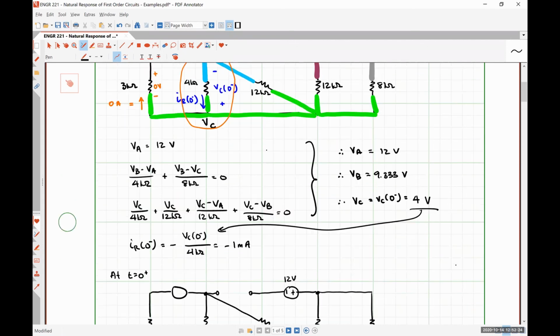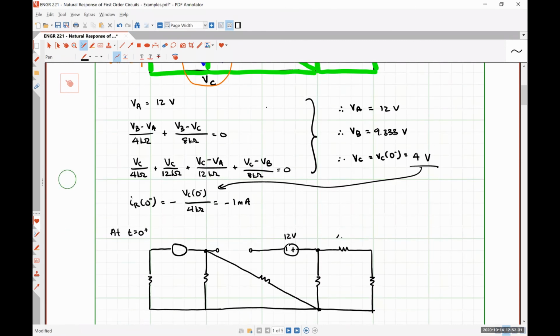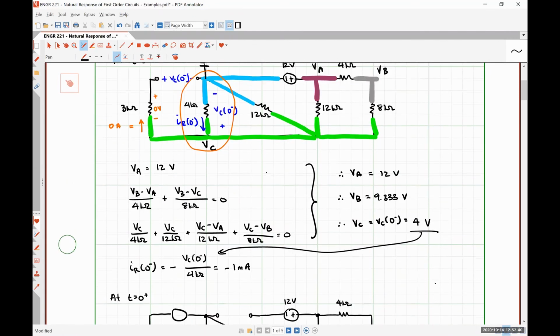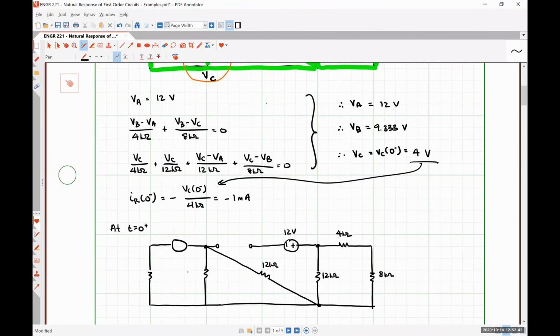So this is 4 kilo ohms, 8 kilo ohms, 12 kilo ohms, 12 kilo ohms, 4 kilo ohms, 3 kilo ohms. This is going to be our current IR at 0 plus that we are interested in.